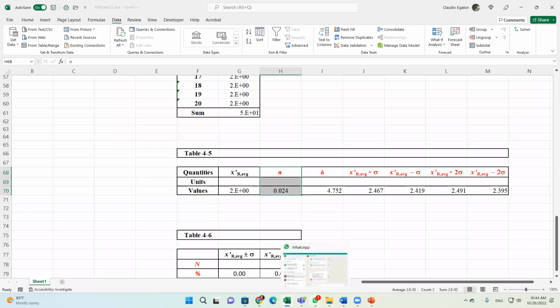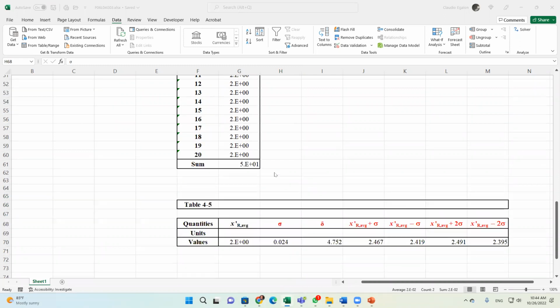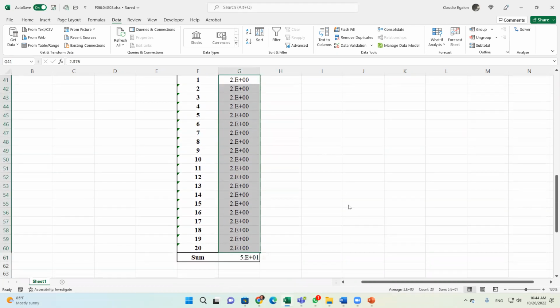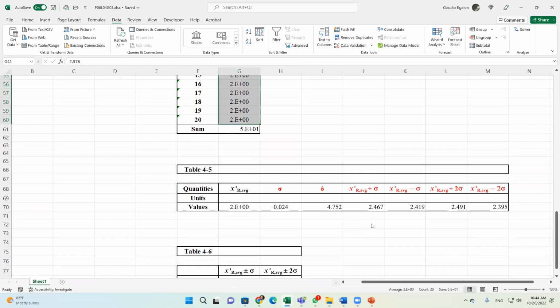The standard deviation is a measure of how far away your set of measurements deviate from the average. It's a measure of how spread out your data set is from the average. And you gotta write down the unit for that.